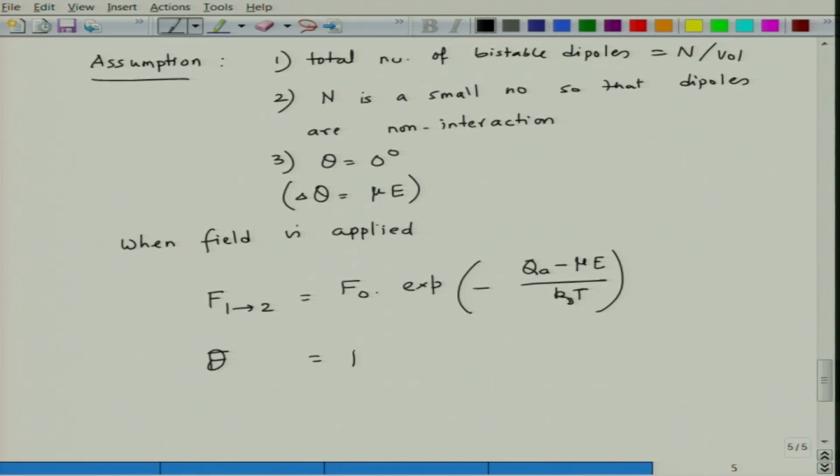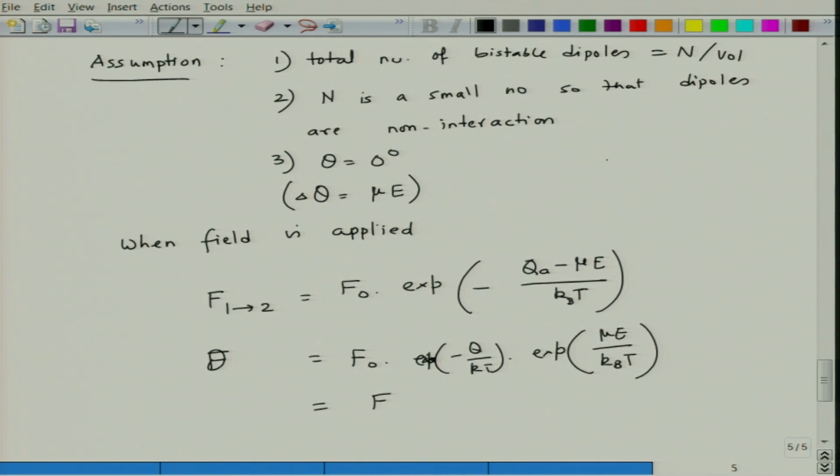And if you just break it up, this will become exponential of minus QA by kT into exponential of mu E by kBT. This will become basically F.